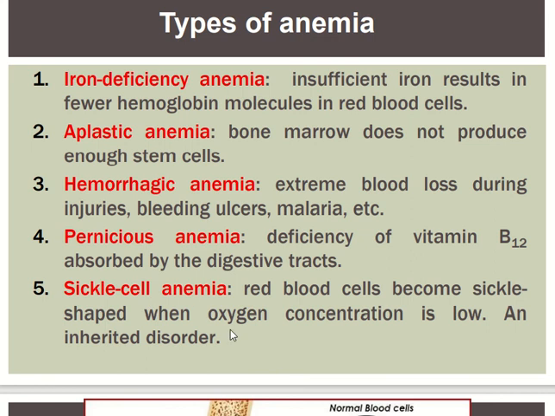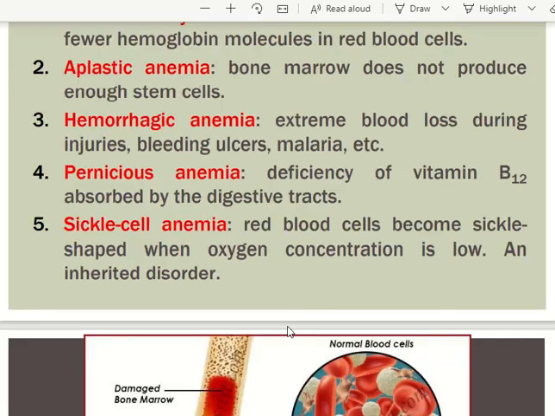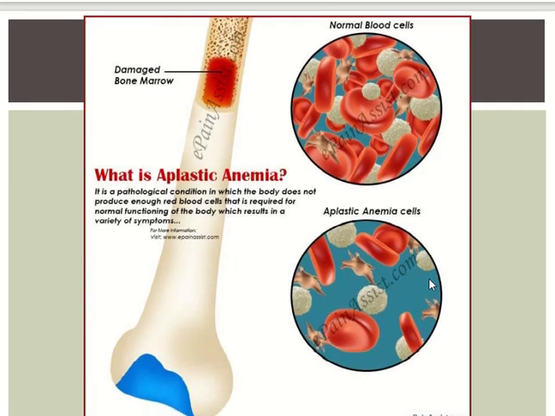Sickle cell anemia is a type of disorder where the red blood cell becomes sickle shaped when the oxygen concentration is low, and it is an inherited disorder from the family. As you can see here, in aplastic anemia the bone marrow does not produce enough red blood cells, so there are fewer red blood cells in your bloodstream.